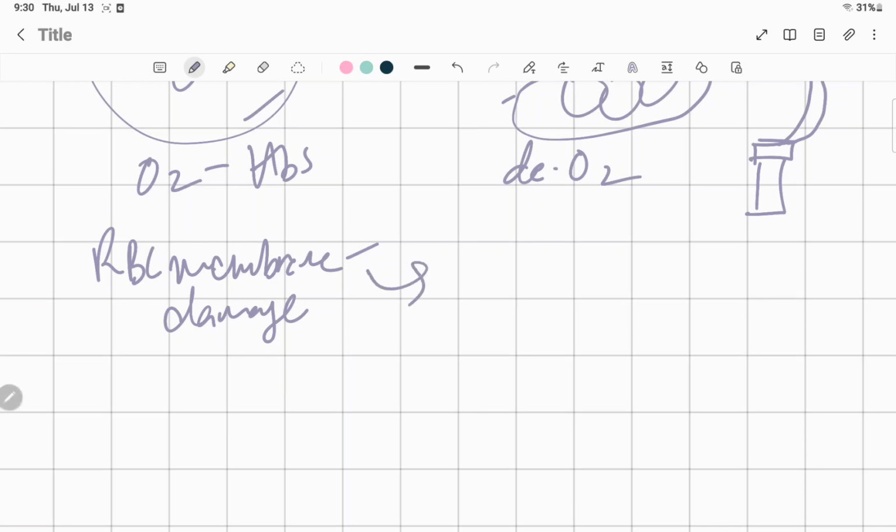That is why this is part of intravascular hemolysis as well, because the cells will die on their own. A large amount of sickle cells die intravascularly, but they also die extravascularly because they are sickles.